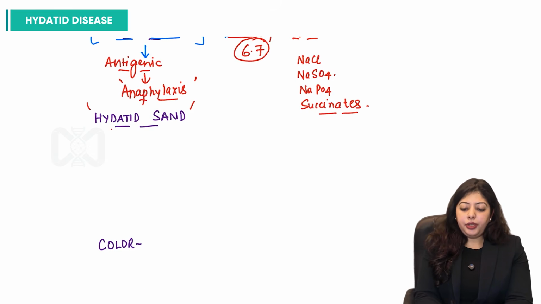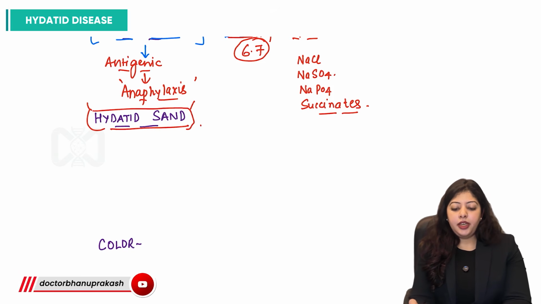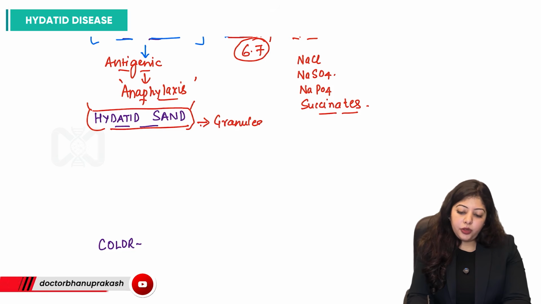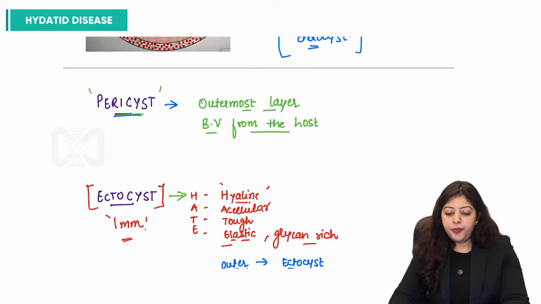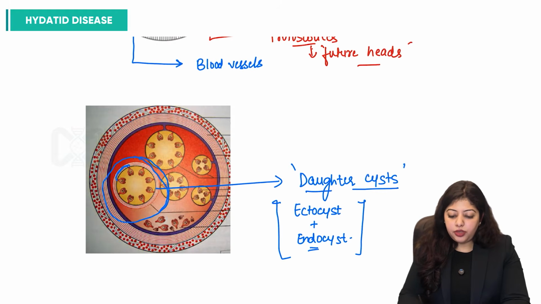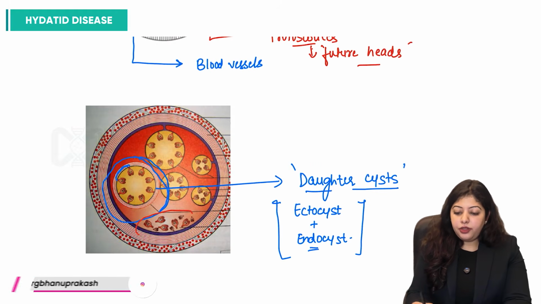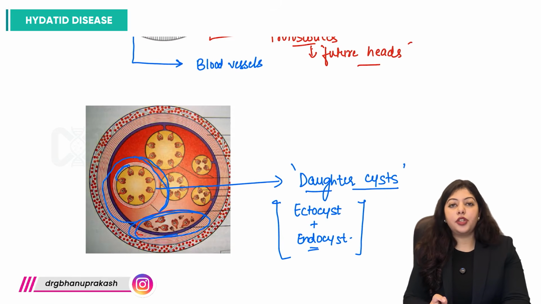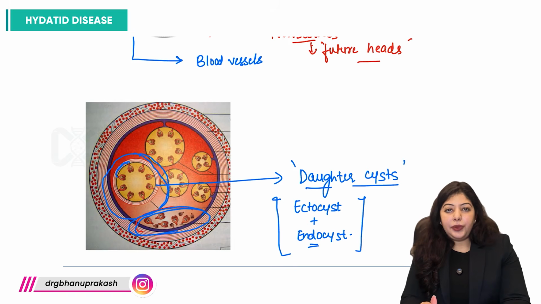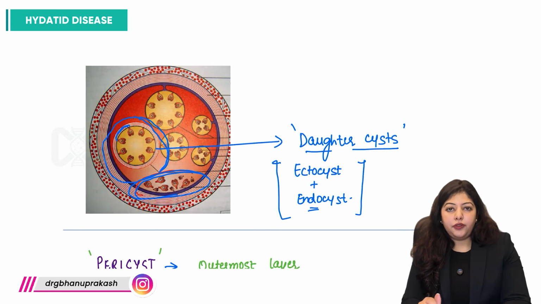If you remember, in the first mnemonic, we said with G, you must remember another term, that is granules. And also in the image, if you remember, we saw these structures. If you consider this image, we saw these structures or protoscolices which have settled down at the lower end of the cyst.